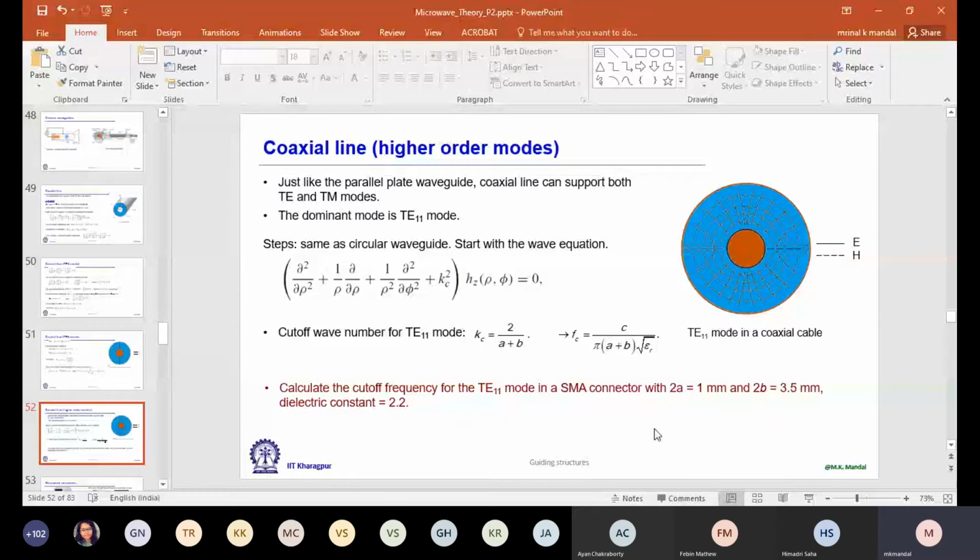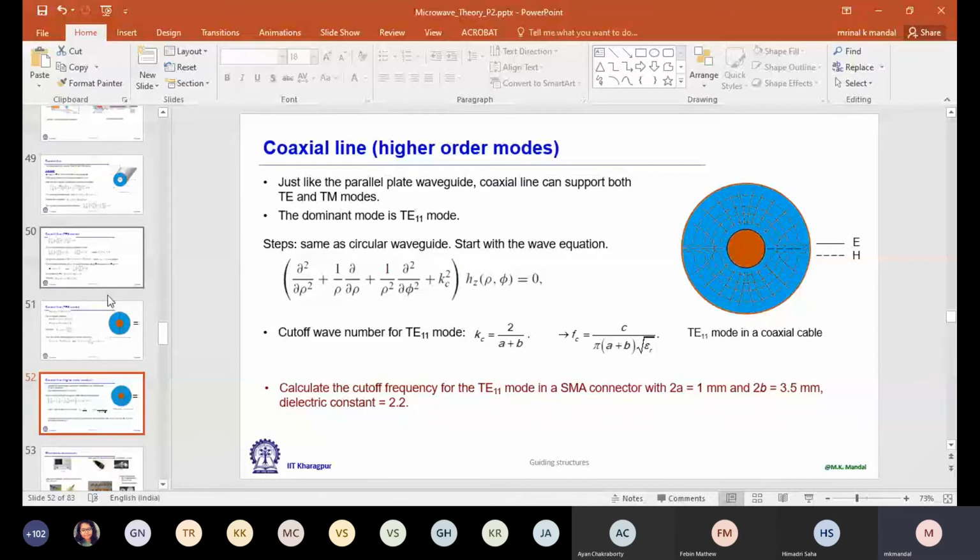So if you know the dimension of the coaxial cable and epsilon r of the dielectric material, then you can calculate till which frequency you can use it. We usually keep some margin of 0.4, 0.5 gigahertz and take some round value. So most of the cables available in the market are designed so that you can use them till 18 gigahertz. So we have a band till 18 gigahertz. Try to cover that band.